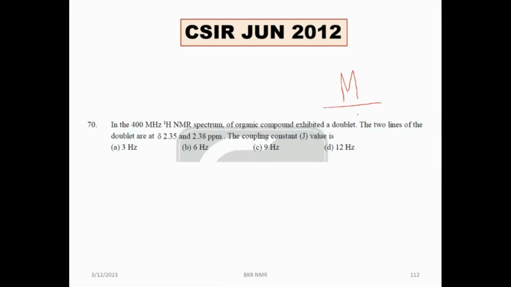In what unit have they measured? Where is the delta? It is in ppm. So what are they saying? They are giving the positions of the two lines of the doublet, at 2.35 and 2.38. Now, if I ask you what is the chemical shift of the proton, what will be your answer? First question.